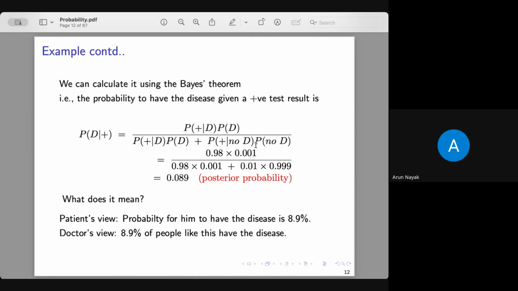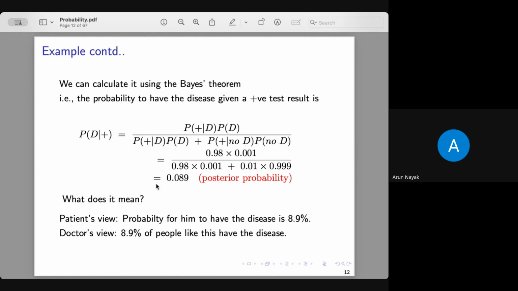So when you do this calculation, this comes out to be 0.089. Okay, so that's the posterior probability. That means if somebody tests positive, the probability that that person actually has the disease is only 8.9%.